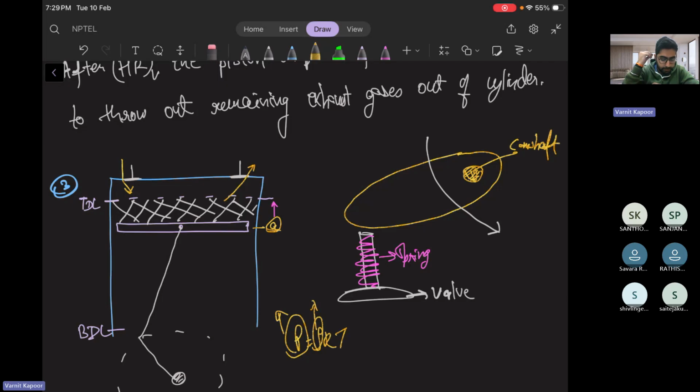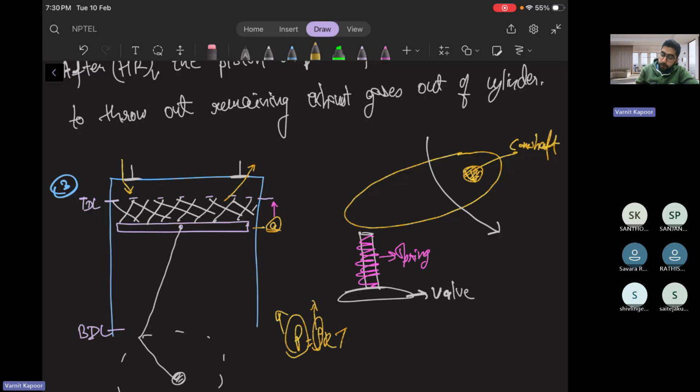Okay. That is why, and then we start the suction after it has reached the TDC. Till then the inlet valve will not open, because the pressure inside the cylinder is still higher.